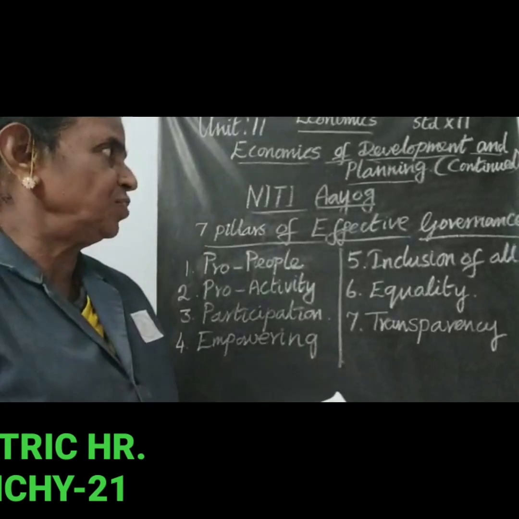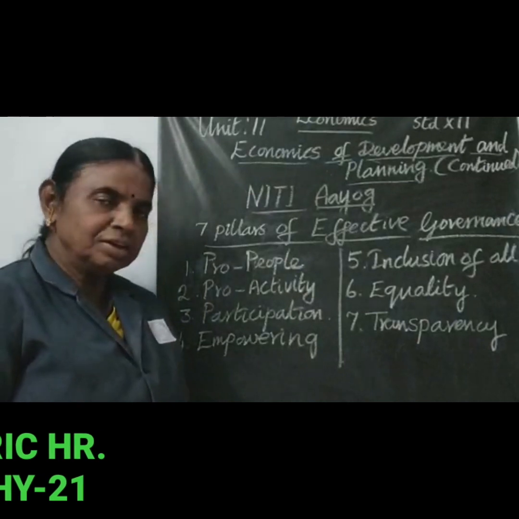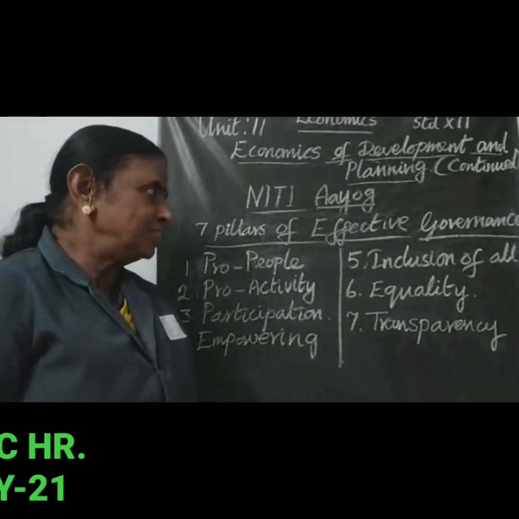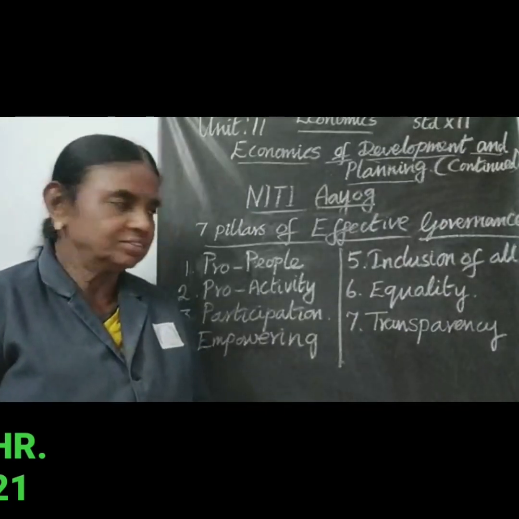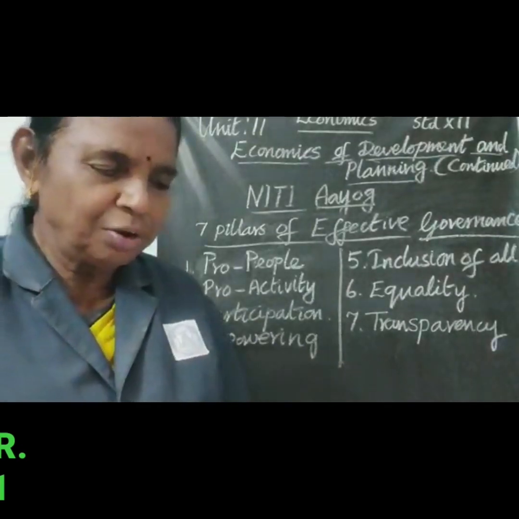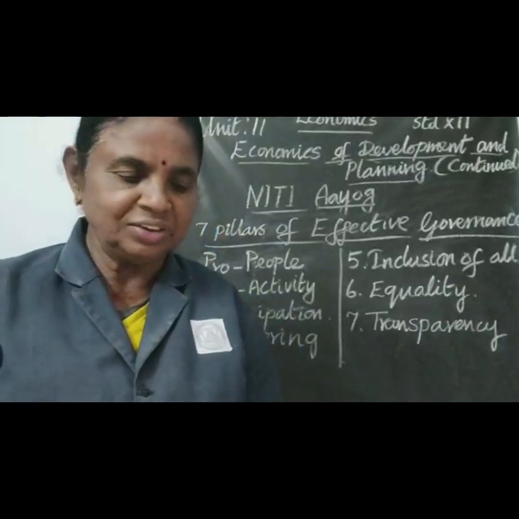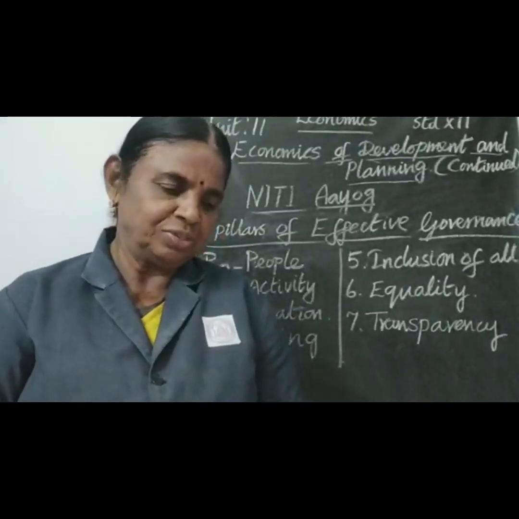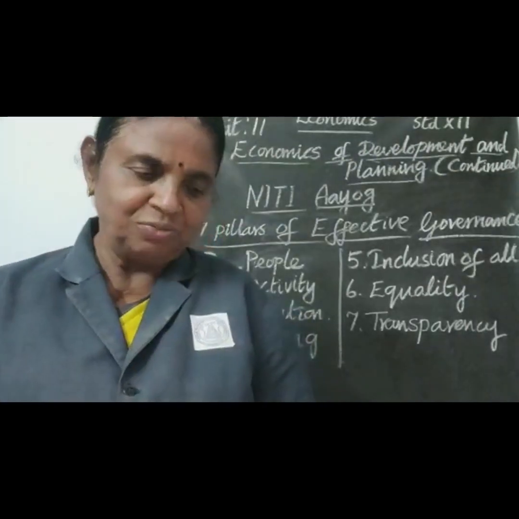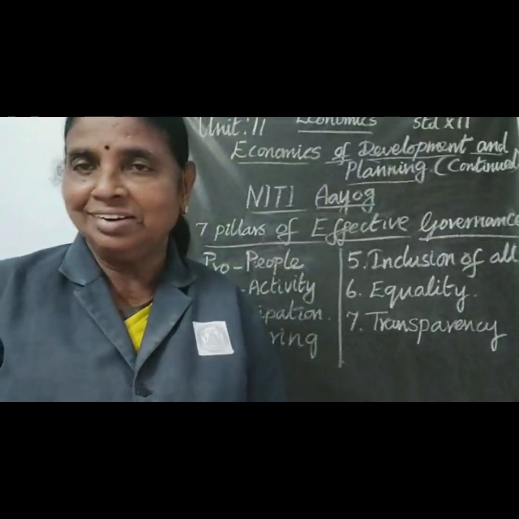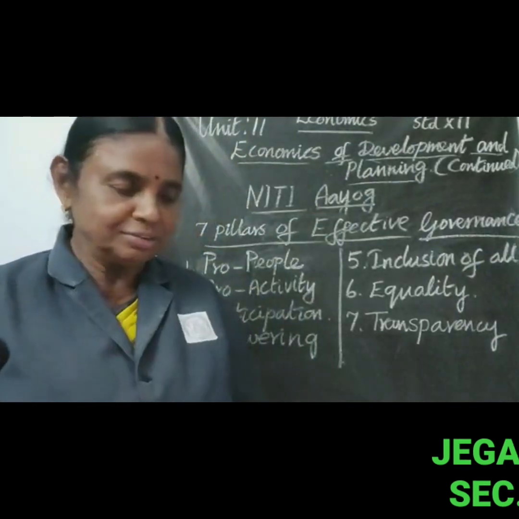The 7 pillars of effective governance are pro-people, proactivity, participation, empowering, inclusion of all, equality, and 7th, transparency. Pro-people, it fulfills aspirations of society as well as individuals. And proactivity, in anticipation of and response to citizen needs, is the main pillar of Niti Aayog.